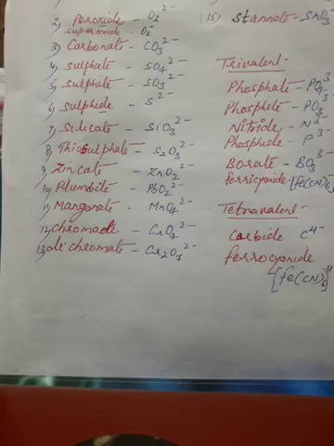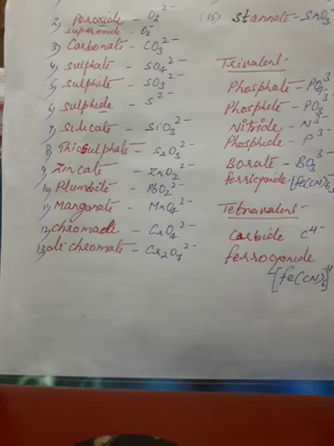Then phosphite will have 3 oxygen, 1 oxygen less than phosphate. Phosphite PO3 3 minus. Then phosphide also, first learn together. Phosphate, phosphite and then phosphide, P 3 minus. Phosphorus is a trivalent element, it will gain 3 electrons to form phosphide ion P 3 minus. Okay, phosphate PO4 3 minus, phosphite PO3 3 minus, and phosphide P only, 3 minus.